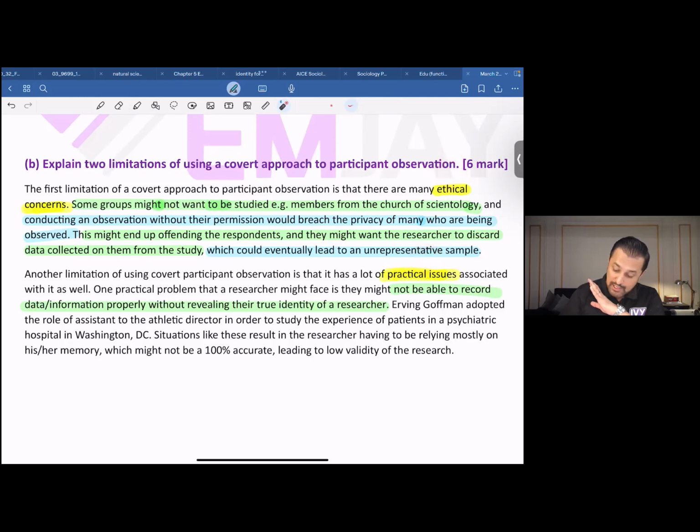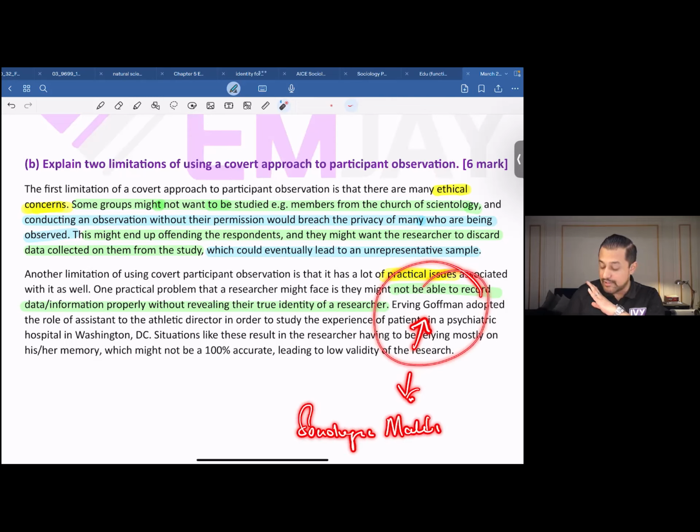Now, I used Erving Goffman over here, and I'm referring to this as sociological material, right? Let me clarify, sociological material is not always the name of a sociologist. I've seen many students being super scared of this. Sociological material could be anything. It could be a key term, a sociological term.